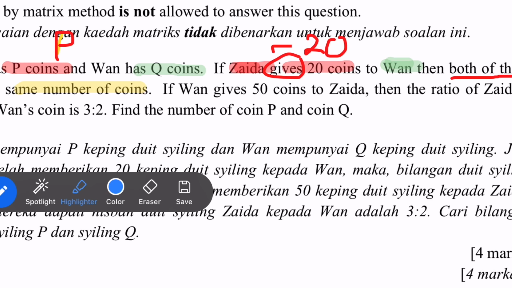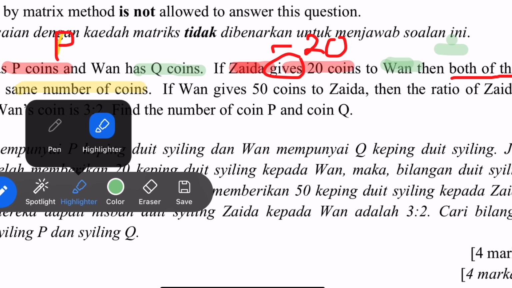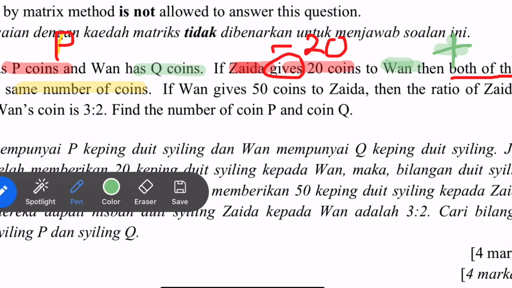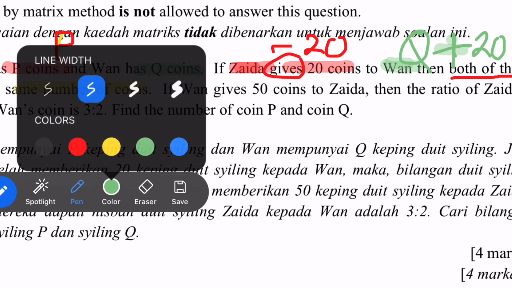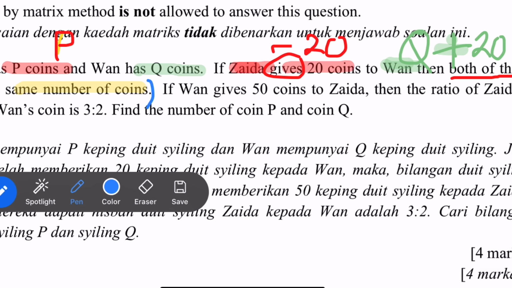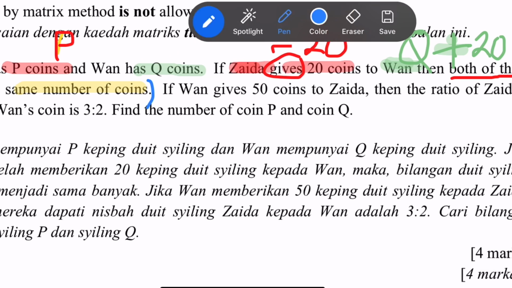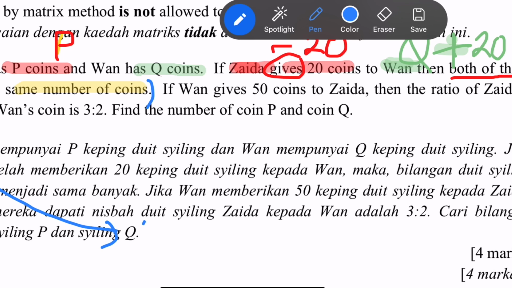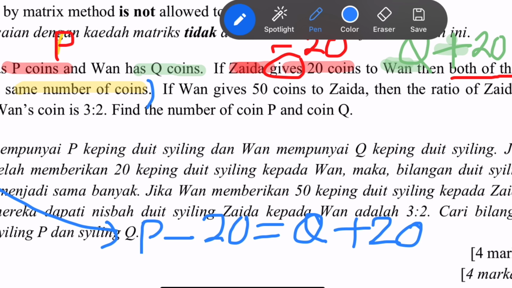When received, we should plus, because when you receive something, the quantity increases. So you take the original coins Q plus the 20, which is Q plus 20. Now we have the same number for both of them. So from the first sentence, you have to convert to a mathematical equation, that is the so-called HOTS skill.